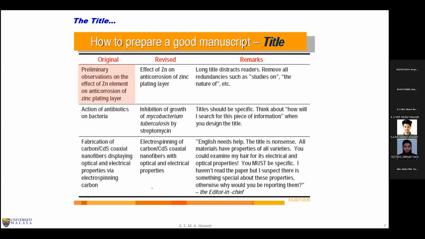And if you put a little bit of effort, you can make it more concise and more easy to understand. For instance, the revised title could read as Effect of Zinc on Anti-Corrosion of Zinc Plating Layer. And it is easy to understand, it's clear, and it is shorter in length.